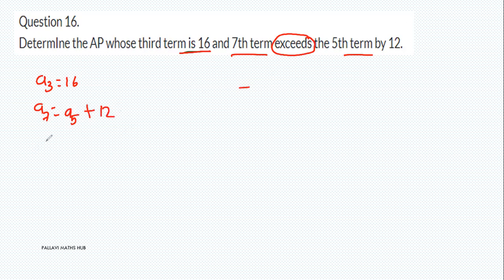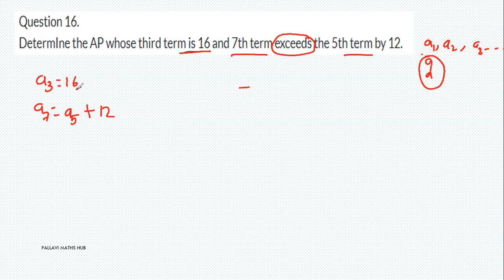Okay. So determine the AP. You need to find out the AP, which means you need to find A1, A2, A3 continuing. At least you need to find 3 terms. Okay. So if you need to find the values of the AP's 3 terms, you need the A value as well as the D value. How will you find A and D?